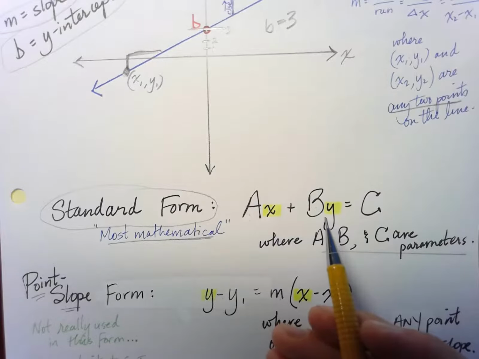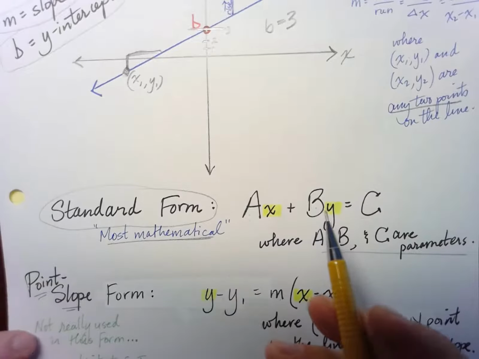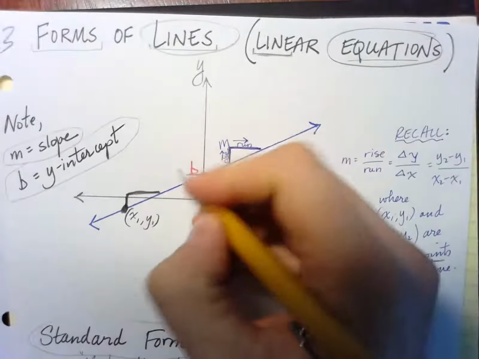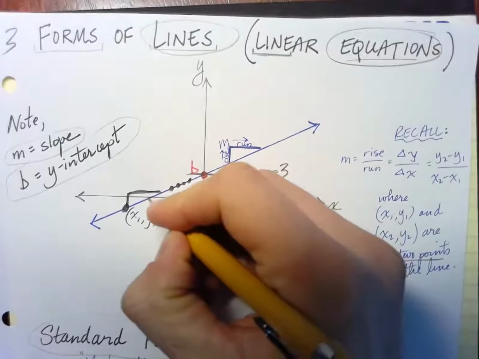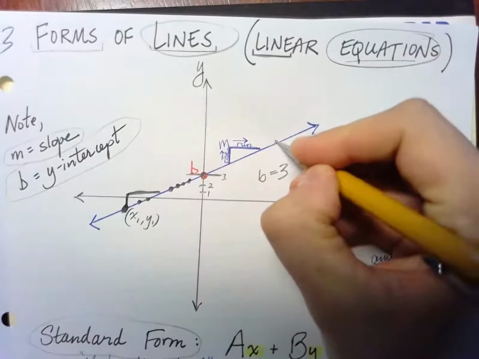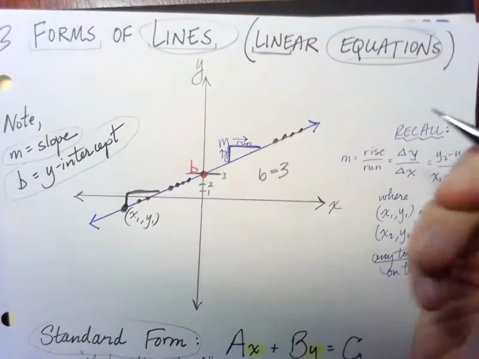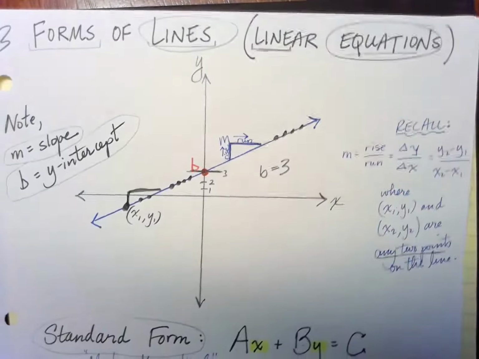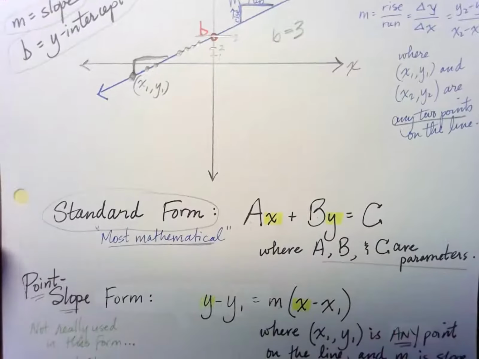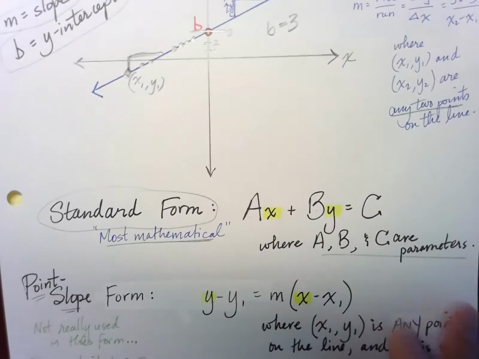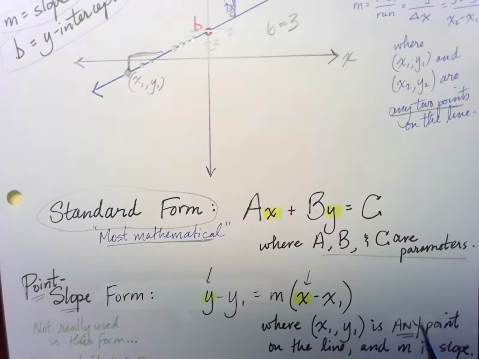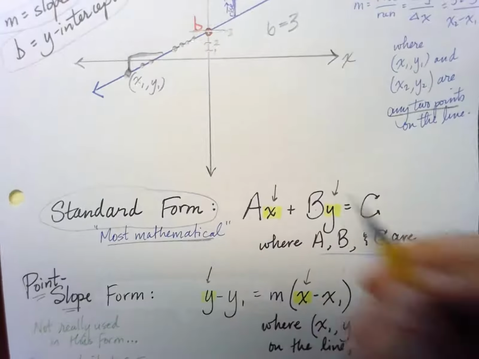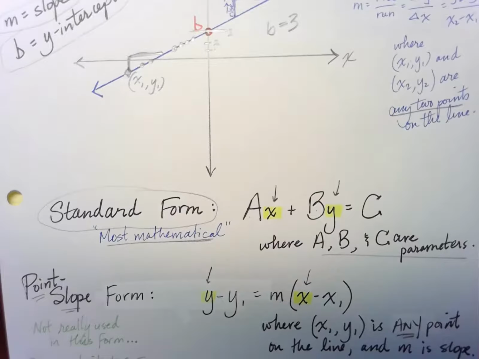You'll have 2 actual variables that you're not doing anything with, because they can represent any of the points on this line. I can have an infinite number of these points, and they all have x and y coordinates, and that is what this x and this y represent.